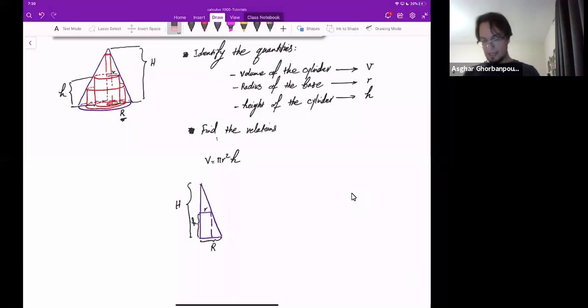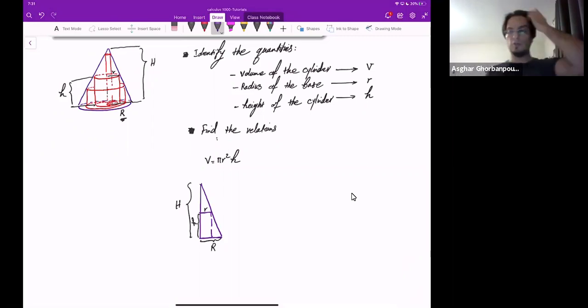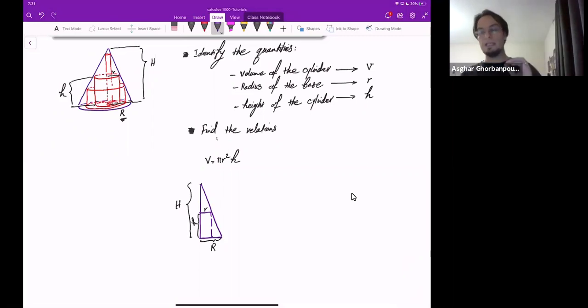Since that edge and that edge are parallel, because they are the lower and top surfaces of the cylinder, that means that these two triangles are similar. And when you have similar triangles, the ratios of the corresponding edges are equal.